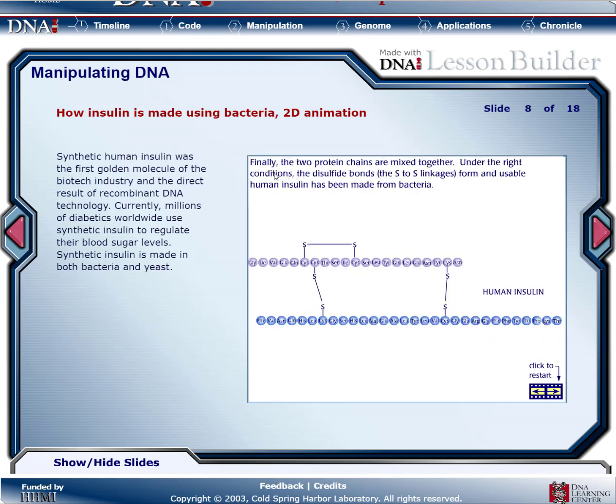Finally, the two protein chains are mixed together. Under the right conditions, the disulfide bonds, the S-to-S linkages, okay, that's what those S's are, form, and usable human insulin has been made from bacteria.